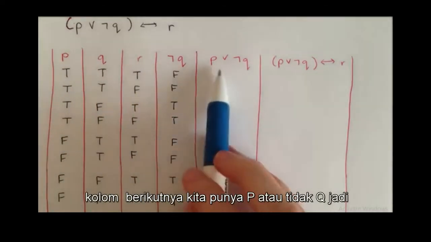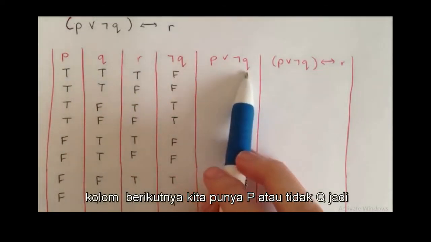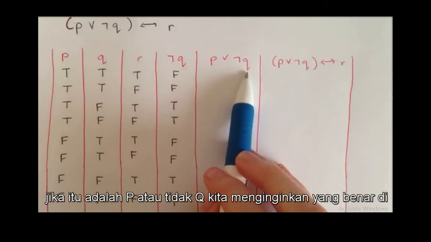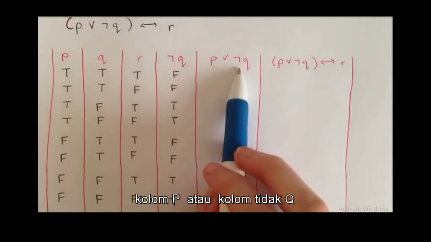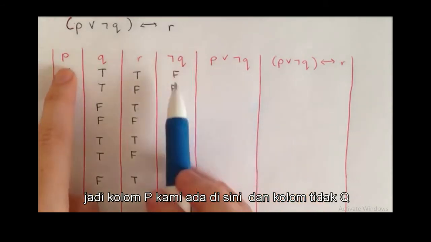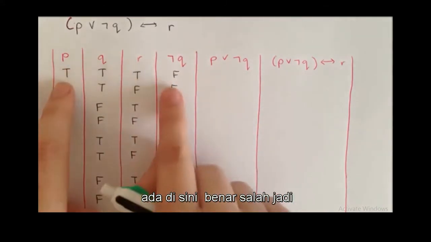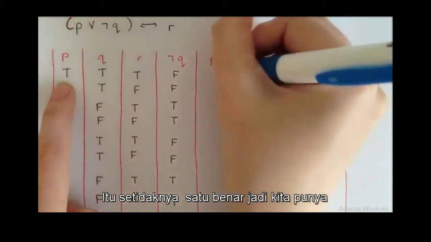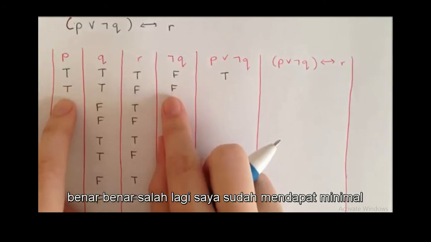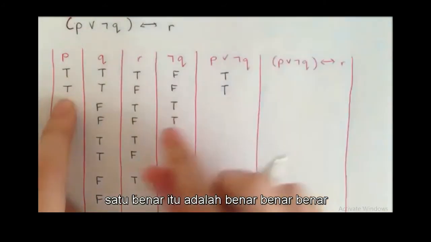Heading over to the next column, we've got P or not Q. So if it's P or not Q, we want a true in either the P column or the not Q column. So our P column is here, our not Q column is here. We've got true, false, so that's at least one true. So we've got a true. True, false again, we've got at least one true, so that's a true.